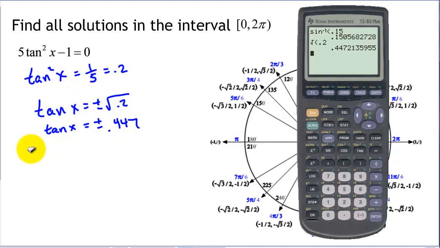So now we've got to look at tan inverse, sorry. So our x will be tan inverse of positive 0.447 and tan inverse of negative 0.447.